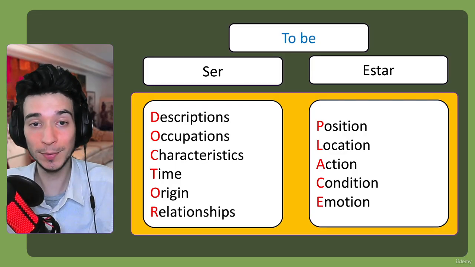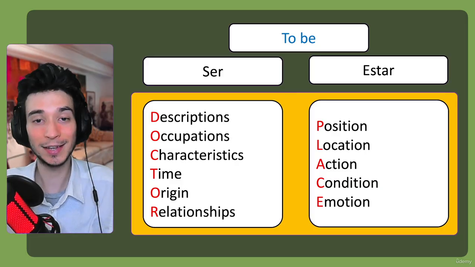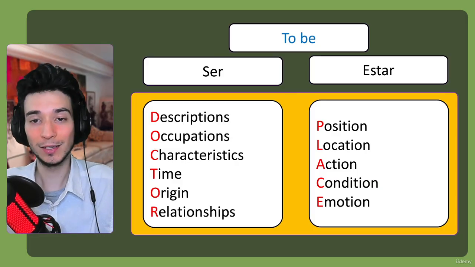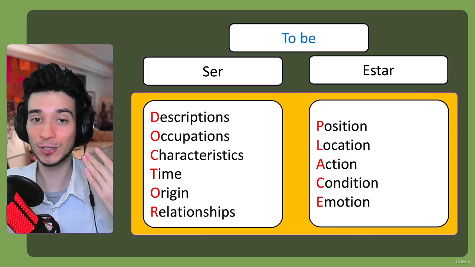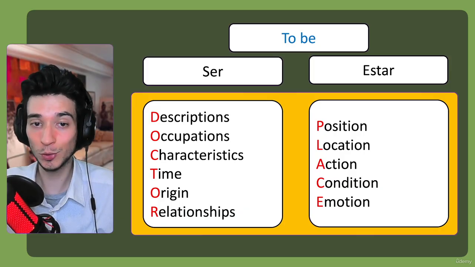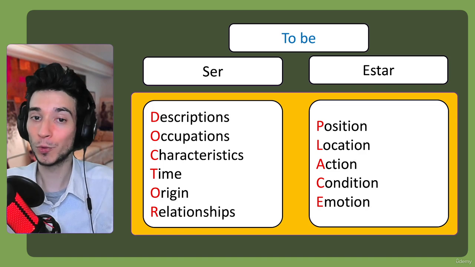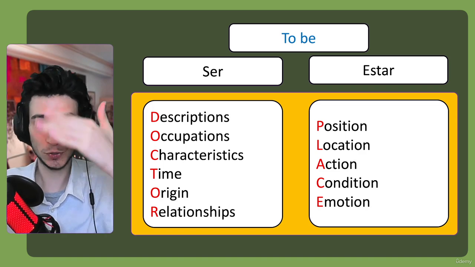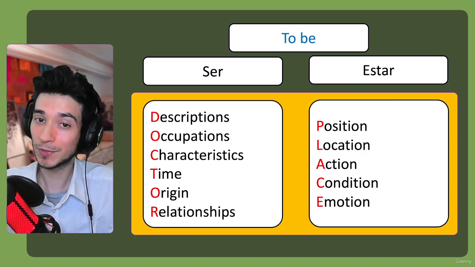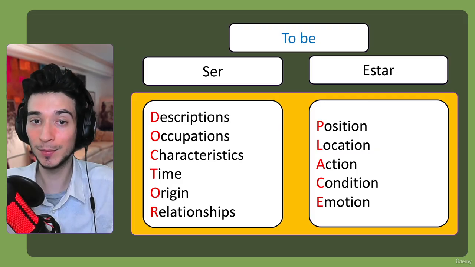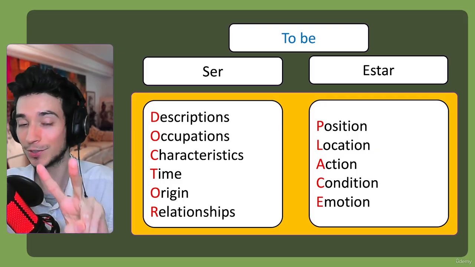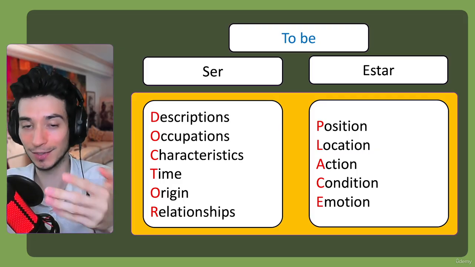If you want to describe somebody, you use ser. Occupations: if it's your occupation, you use ser. Ser policía, to be a policeman. Ser doctor, to be a doctor. We also have characteristics, and time, which we use to tell time. Son las dos, it's 2 p.m. Son las tres, it's 3.